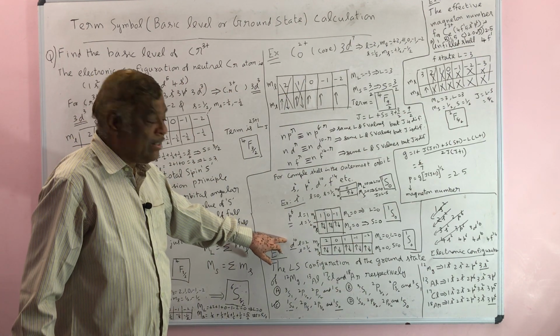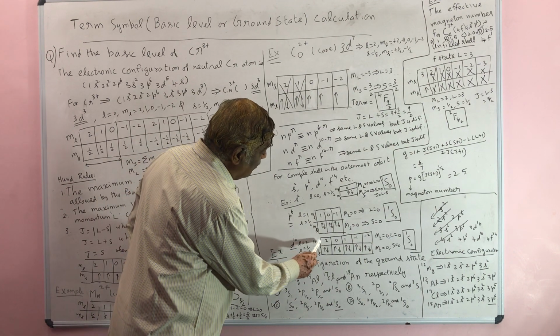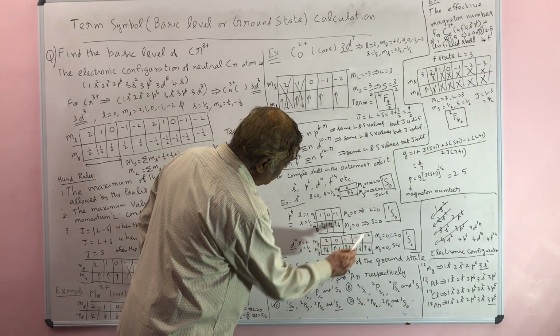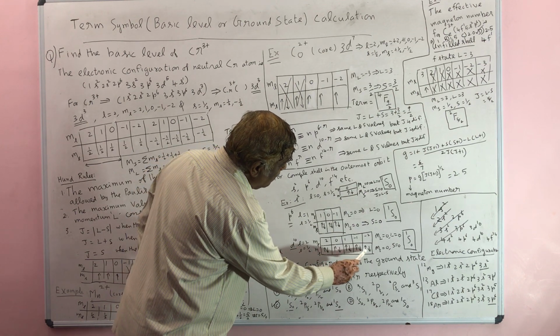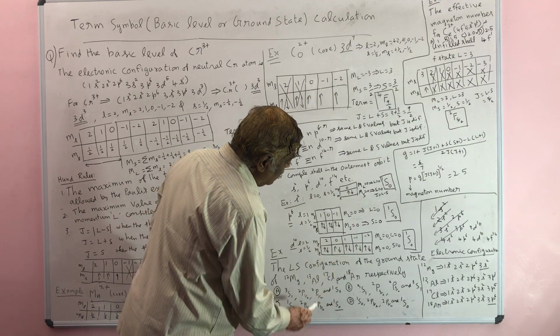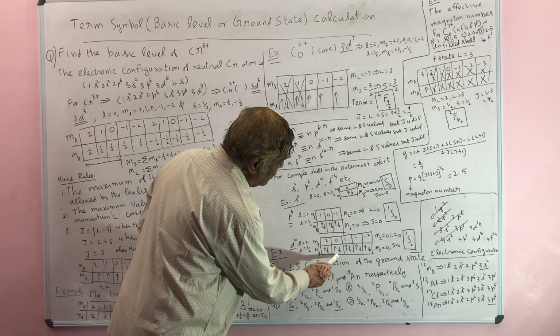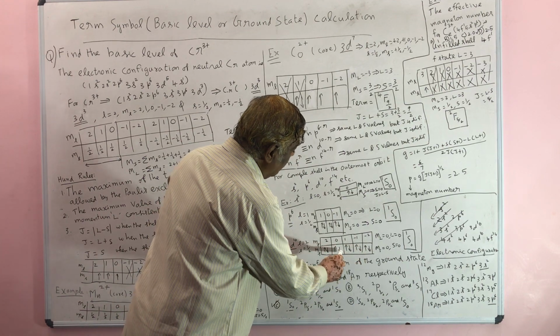If there are 10 electrons in the D states, this again is a complete shell. L is equal to 2, so Ml values are 2, 1, 0, minus 1, minus 2. Ms is equal to, for the first 5 electrons spin up, and for the remaining 5 spin down. So they are completely paired states. If it is completely paired, this will be 0.